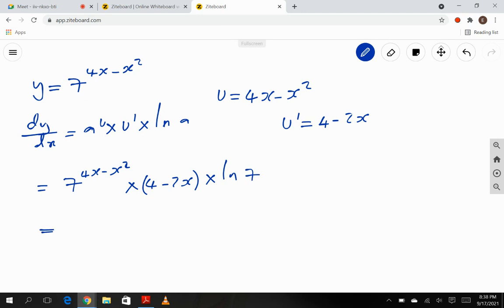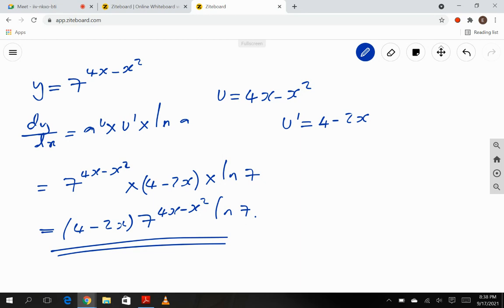Okay, so you would write it like this if you wanted. But the take home message is how you do the differentiation. So, are there any questions up to this point? Okay.